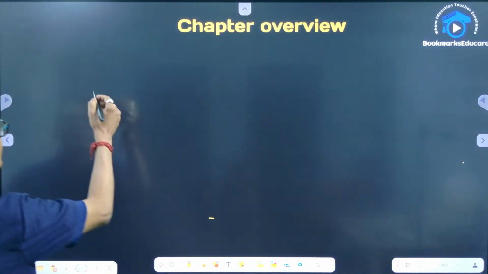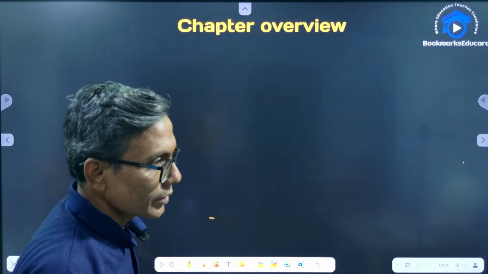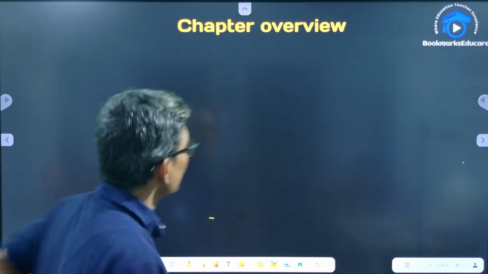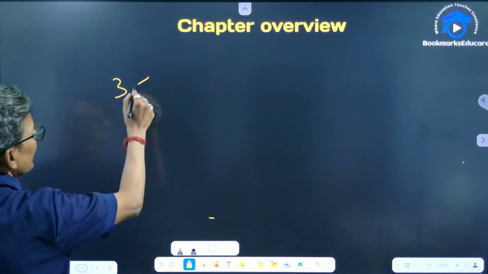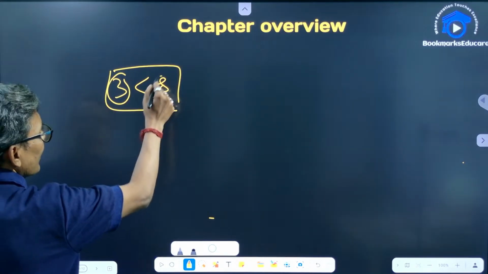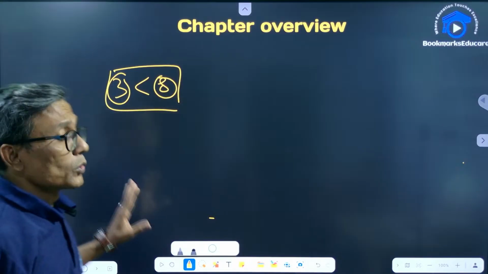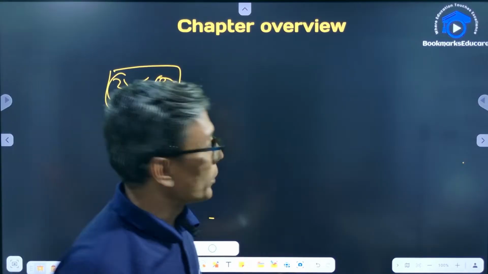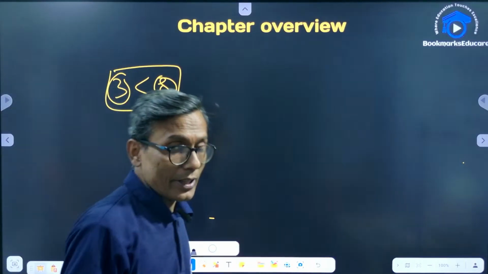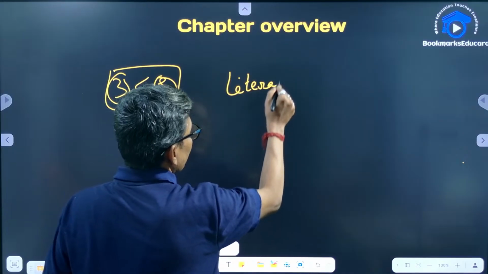So one is numerical inequation. What is numerical inequation? In it only numbers are involved. Suppose 3 less than 8. यहाँ पर देखो 3 and 8, these are numbers. So this is known as numerical inequation. Second, literal inequation.